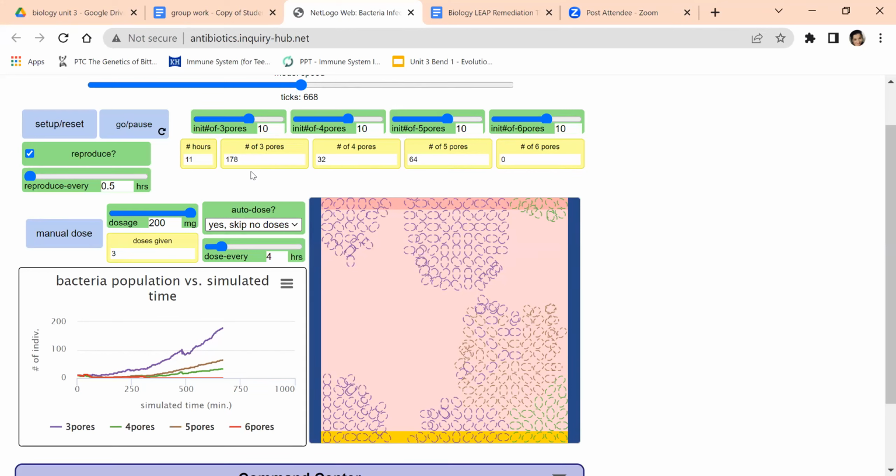And these are the ones that you would consider antibiotic resistant. And that just tells us that because of that particular variation in those bacteria cells, where they only have 3 pores in their cell membrane, they are very difficult for the antibiotics to eliminate. And so they keep growing.